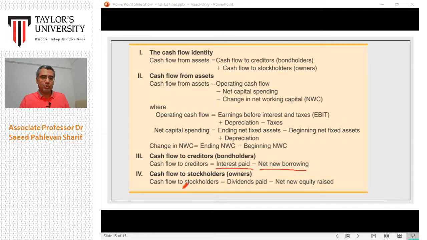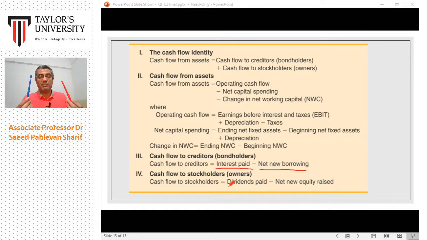And cash flow to stockholders. Again, okay, let me use the pen. Suppose this is the company and these are the shareholders, right? So cash flow to stockholders or shareholders means the company will pay dividends to the shareholders. So it goes this way. And then the company may issue new shares, and this means more money from the owners.